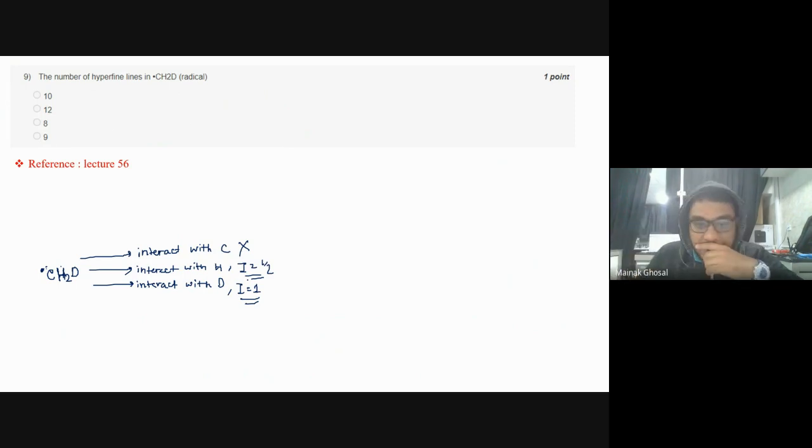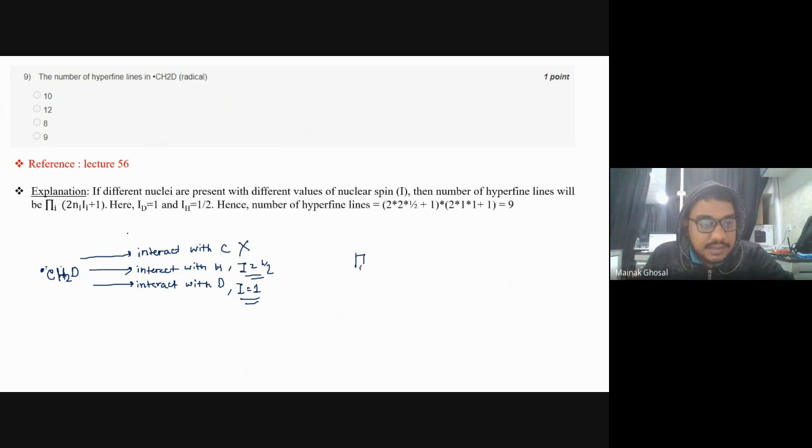So what will happen actually, you need to follow this formula which was written earlier, that the total number of lines will be the product of (2nI plus 1). Okay. So for hydrogen, I am just writing 2 into how many hydrogens are there? 2 hydrogens.